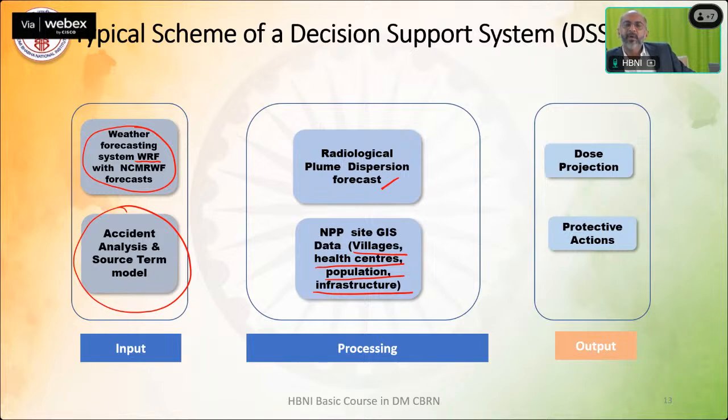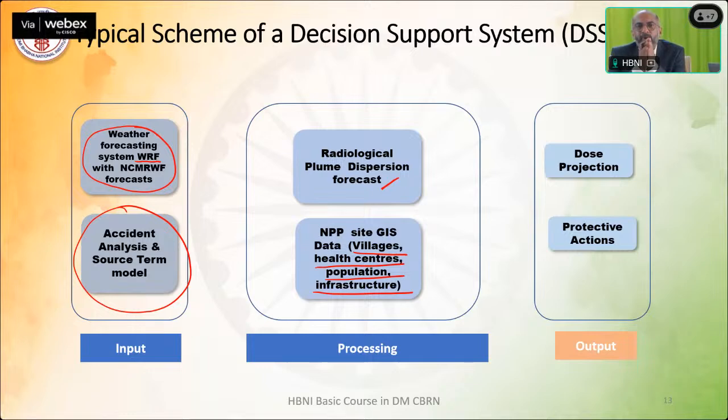Okay, so in implementing a decision, you need a detailed understanding of the total resources and conditions of the complete area, how much population is there in the particular villages, and what infrastructure and road networks are available. So these data are also important, and that also becomes a part of the processing.